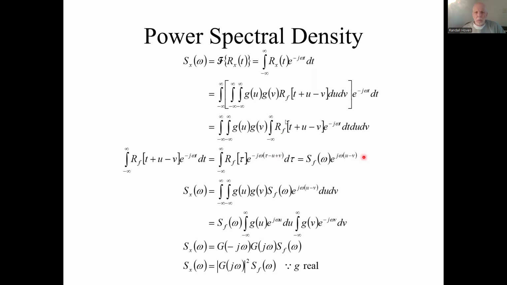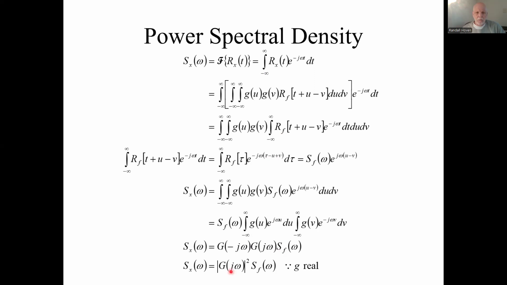Now I'll put this back in here. So the output power spectral density is now this integral. And I can split this double integral into two integrals. Each one of these is just the transfer function with two different arguments, j omega and minus j omega.